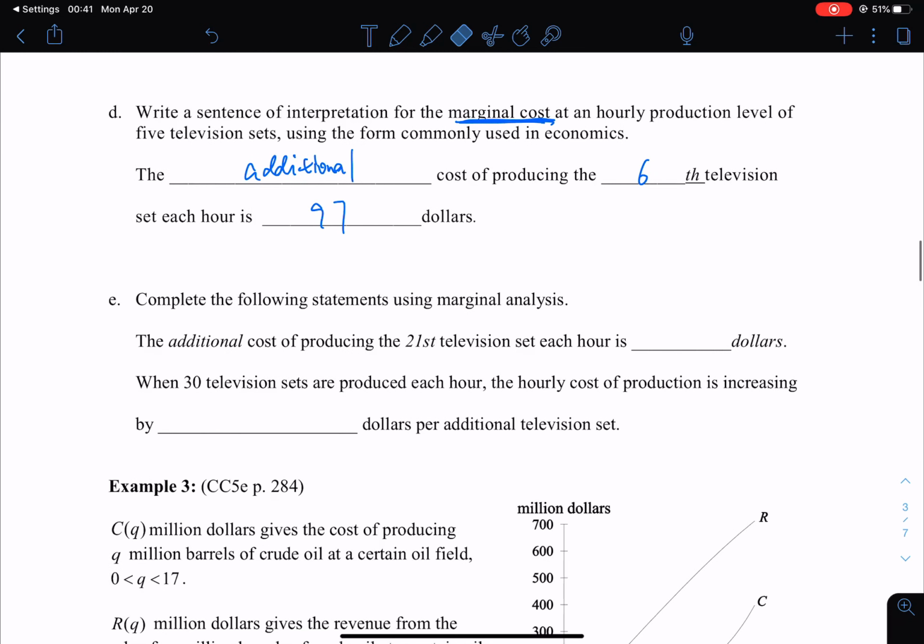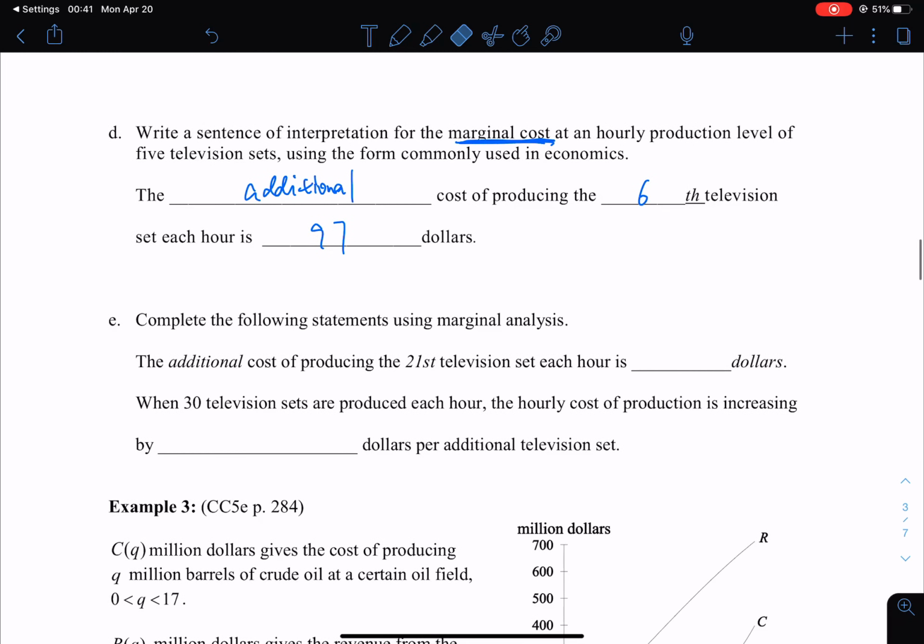C prime of 5 is just 97. And then the next one, complete the following statements using marginal analysis. For this one, the keyword here, you can see the additional cost, it's the same question, cost function. But here, pay attention to example E. Producing the 21st. Let's compare this one with the last question D. Here we have 21st, and last one we have 6.